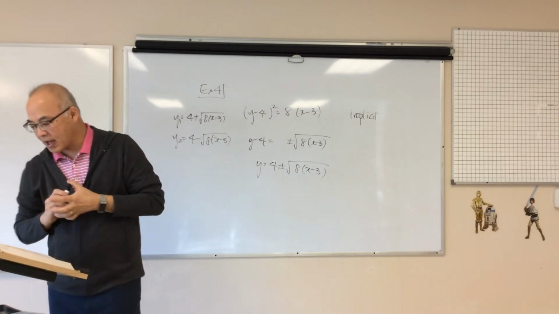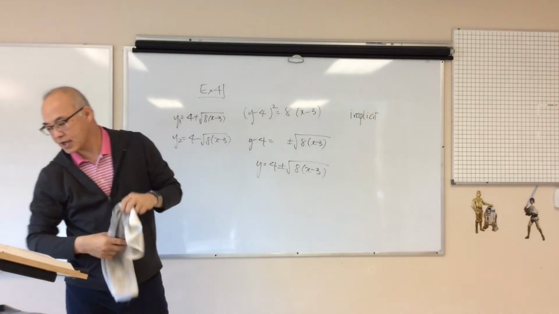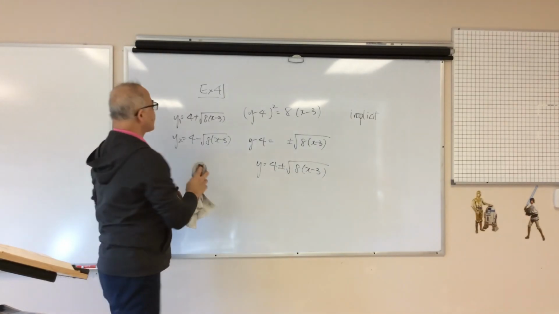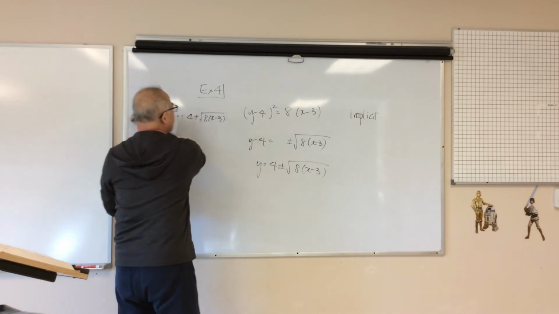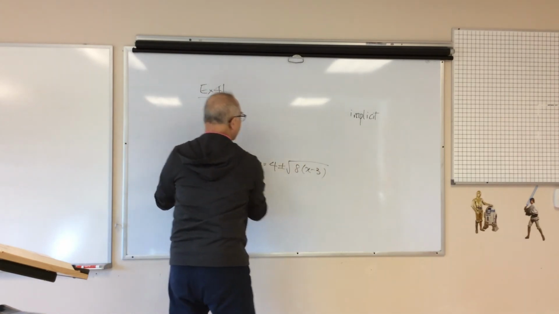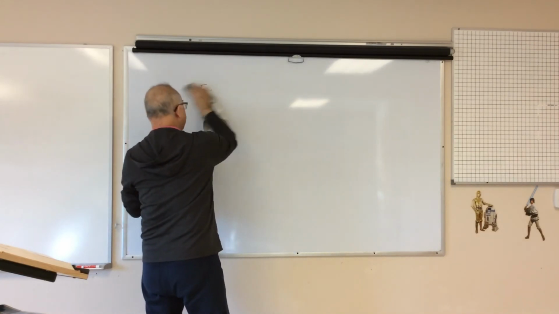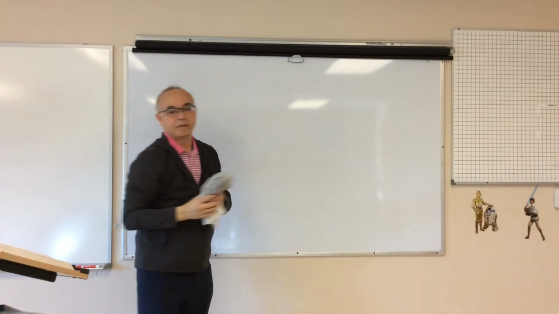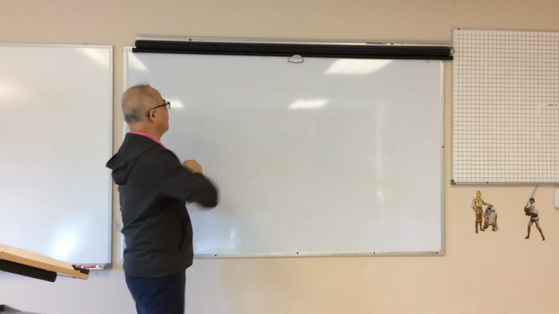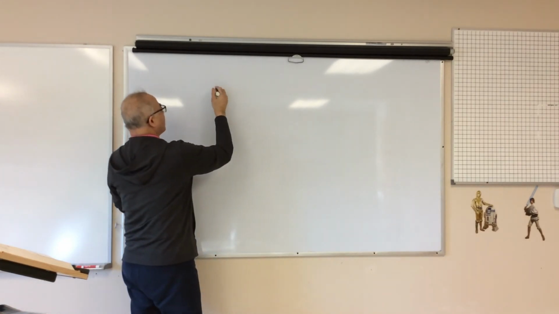Example number 5, using the standard forms. In example number 5, they're going to give you the parabola in a standard form, and you have to, again, change that into vertex form, the form that we've been playing around with all day.